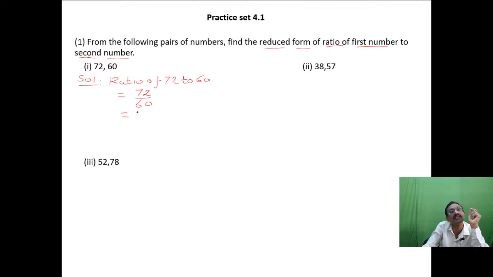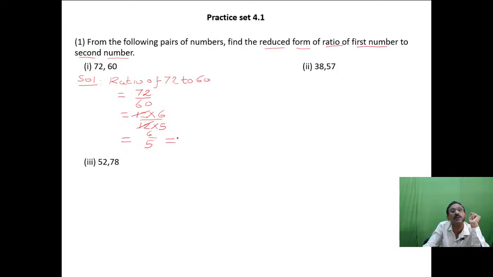So what I write is 12 into 6 upon 12 into 5, which is equal to. Now here if you see, 12 ones are 12 ones are. What we got is 6 upon 5. And how are we going to express this?